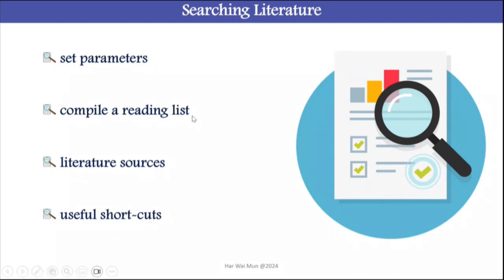Here, many people have different ways of doing it. For my practice, what I really do is search a keyword and set the parameter, what year, and then, let's say, I want to search trade balance and institutional quality. I set everything, and when I enter the search, a lot will come out.